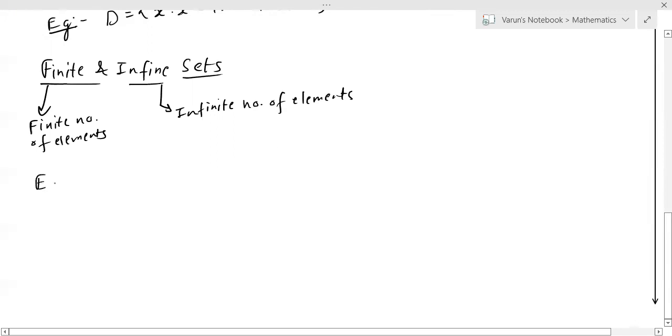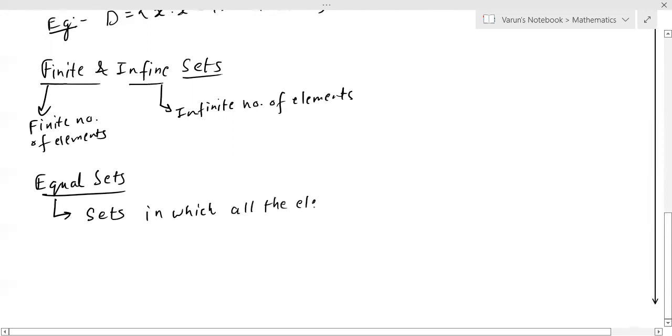Equal sets. Equal sets are sets in which all the elements are exactly the same. That is, there should not be a difference of even one element.